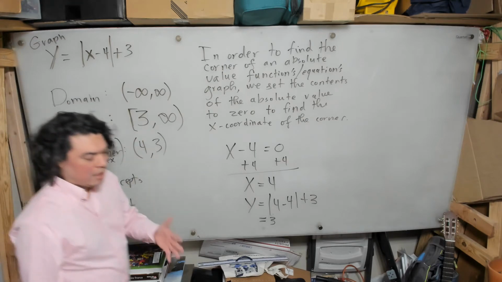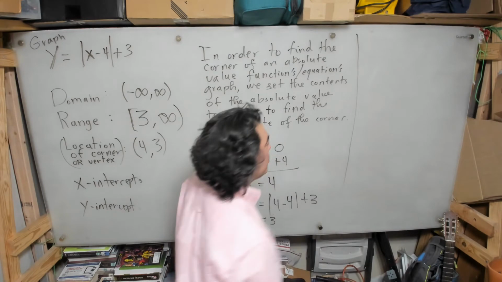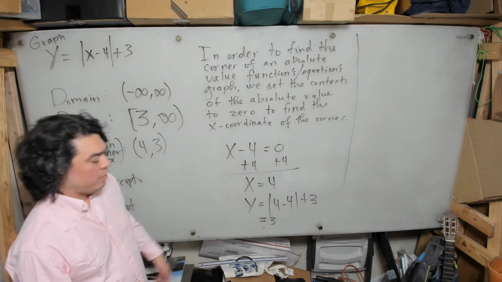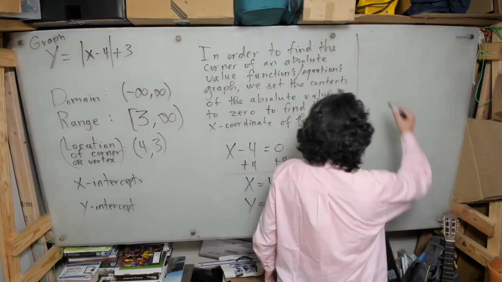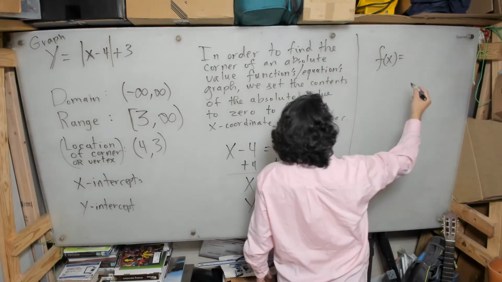By the way, I want to take this moment to note something important that you might want to take down in your notes as well. A lot of books will make the analogy of writing an absolute value equation like this.